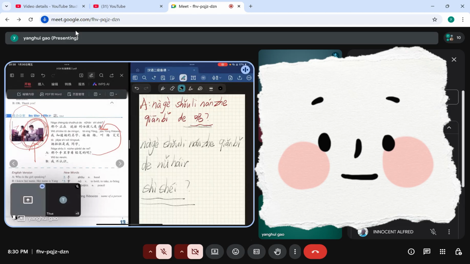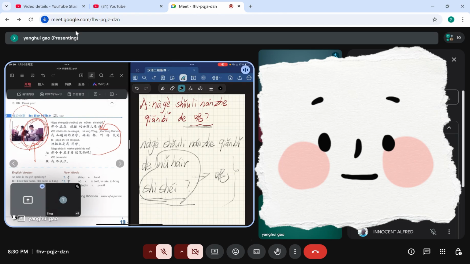So we just say 那个手里拿着铅笔的呢? We ask who is the girl holding a pencil in her hand.